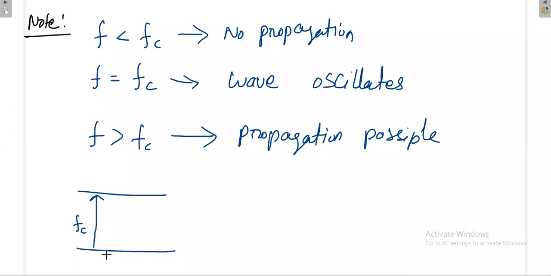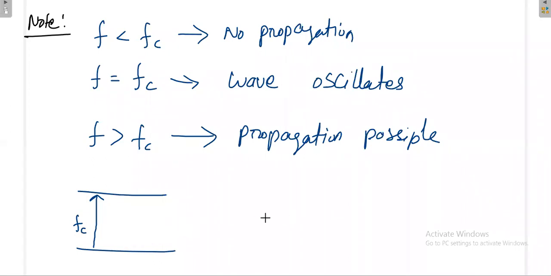It has to be like this only, it has to be 90 degrees to the wall. Once it is 90 degrees, from down it will go up, from up it will come down. It keeps on oscillating between the walls of the waveguide.